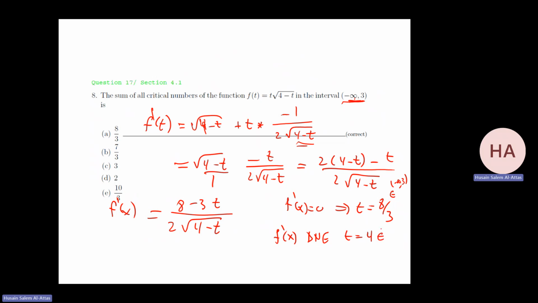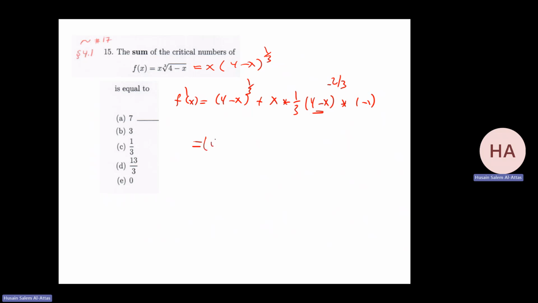But this does not belong to the interval, minus infinity to 3, which is the interval given. So what are the critical numbers? Only one, which is t equals 8 over 3. So for the sum I need only one value, which is 8 over 3.